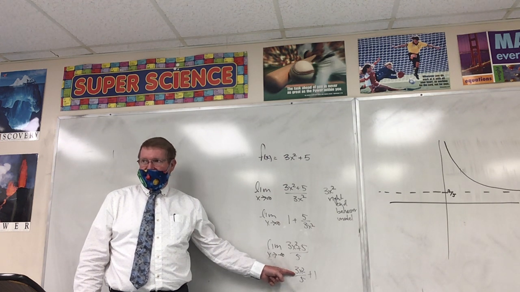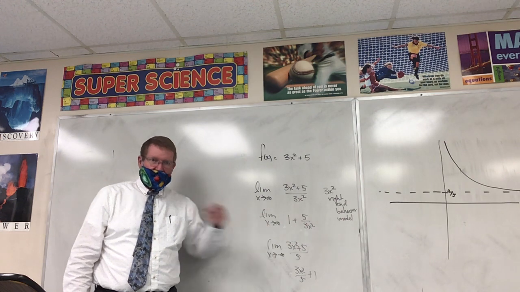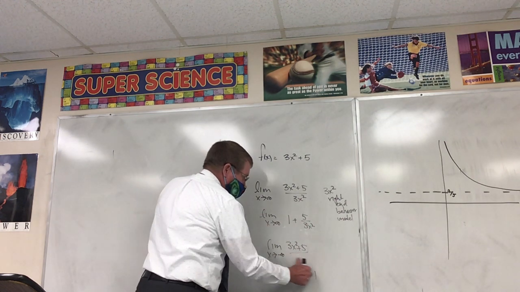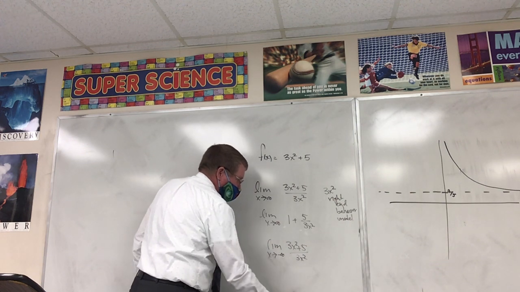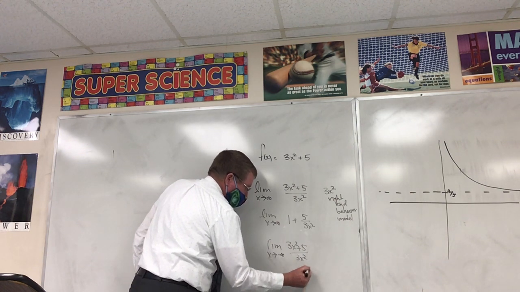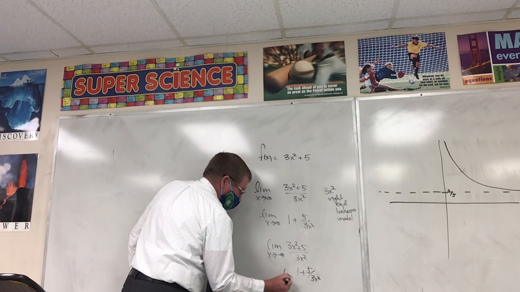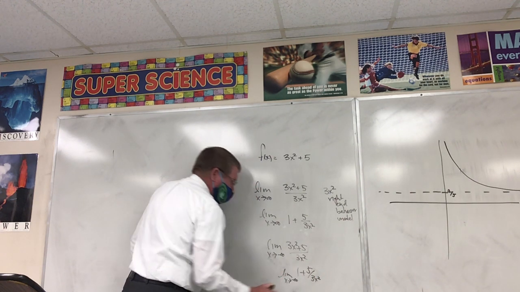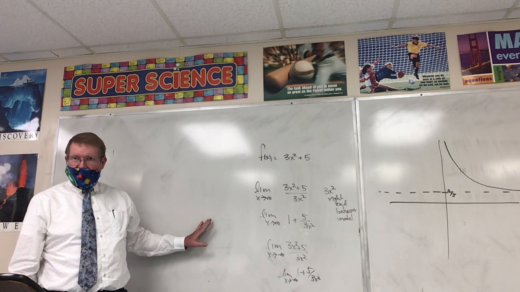It gets bigger and bigger and bigger. So I don't have just 1, I have 1 with a big number. So 3x squared would also be my left end behavior as well.